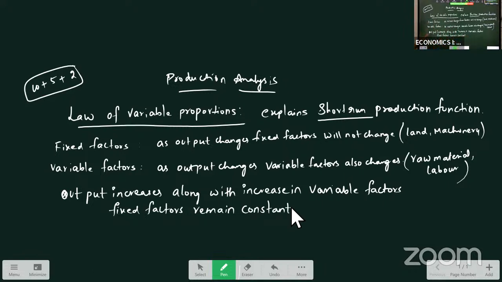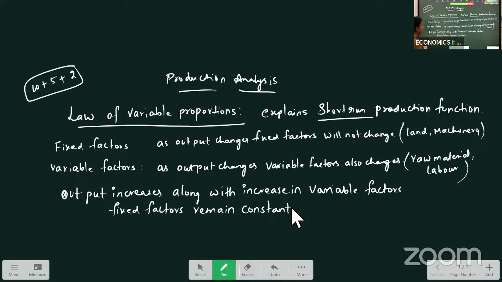So what will happen in this law? How was this law explained? They explained that as our variable factors are increasing, our output is increasing. Variable factors are combined with fixed factors, where fixed factors remain the same, but variable factors will increase the output.